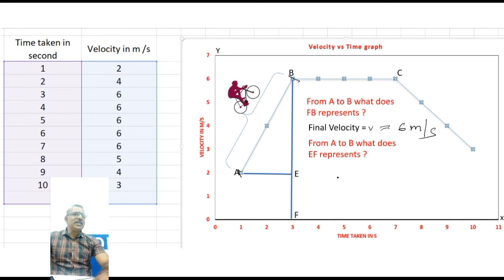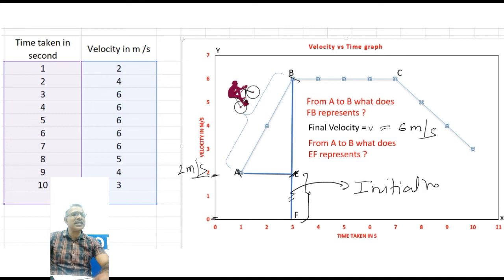Now, if you consider a movement from A to B, what does EF represent? EF here, only this portion. Again, if you want to find out what this is, what is the parallel line we can take here on the y-axis? This one. And what is this? 2 meter per second. And what does that line represent?